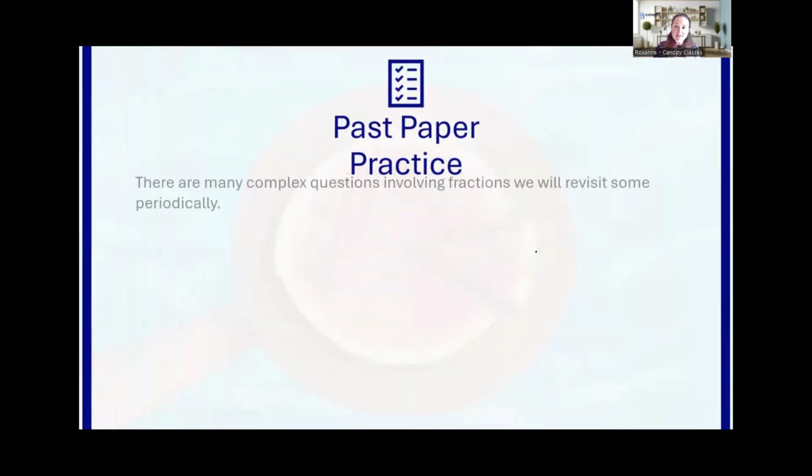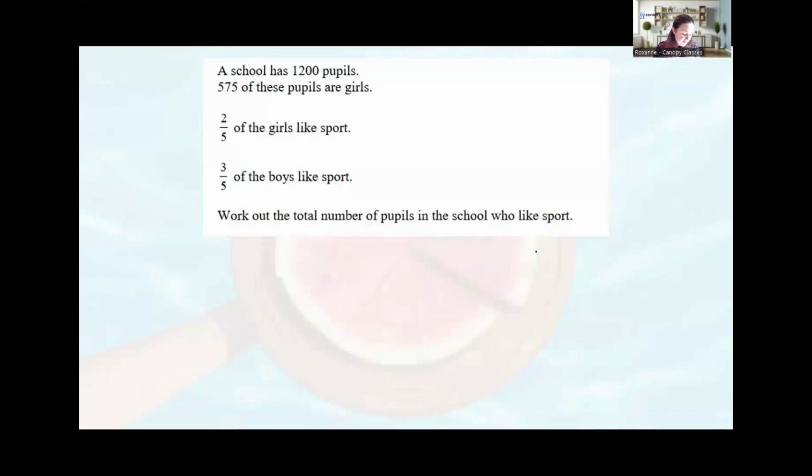All right, let's have a look at some past paper questions then. So these are fraction related questions, a little bit about what we've been covering today, I suppose. So a school's got 1,200 pupils. 575 of these are girls, and 2/5 of the girls like sport, and 3/5 of the boys like sport.